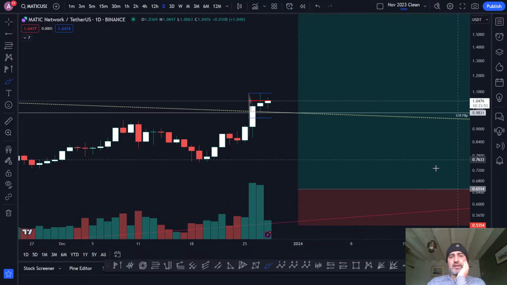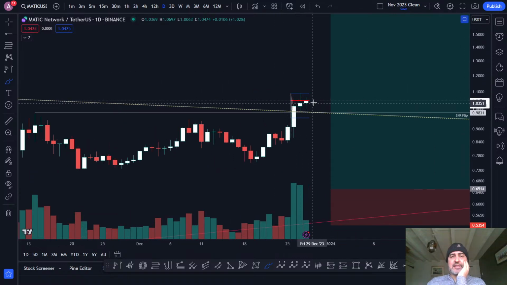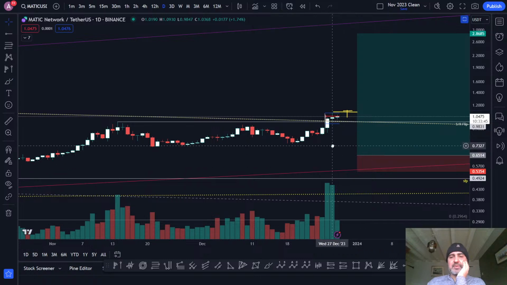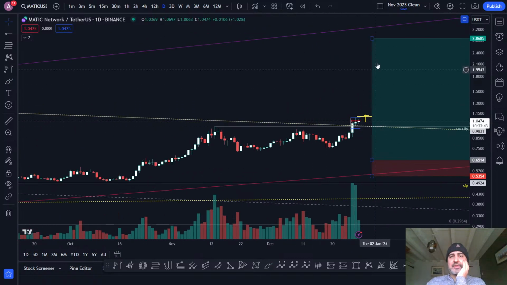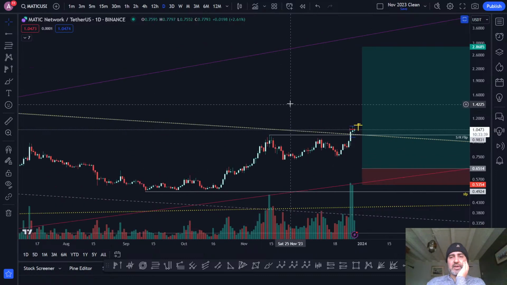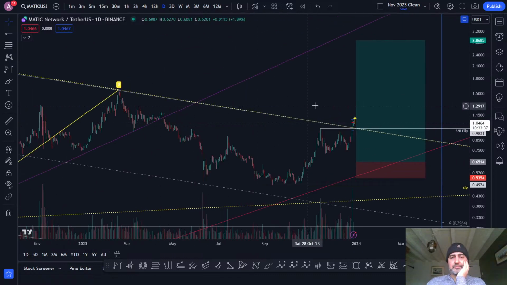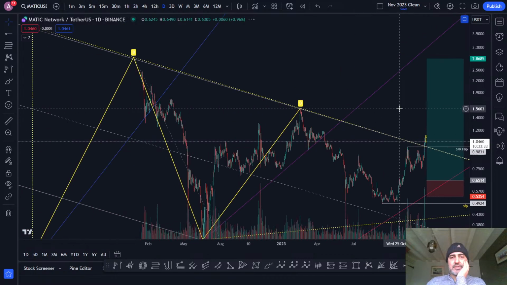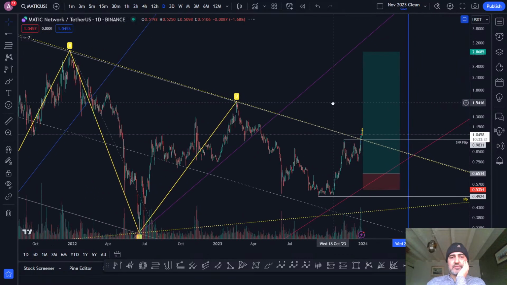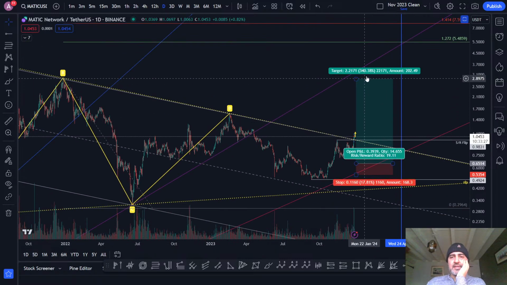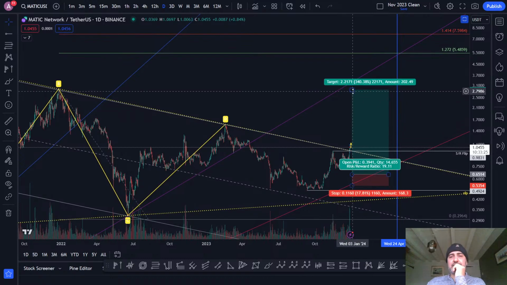There will be a squeeze up as well. The minute you close above this high, you're going to get an injection of volume. You're going to get people just market buying, and this token will just rally up. It's got a lot of room to go, I think, up to this purple Gann line that I have.